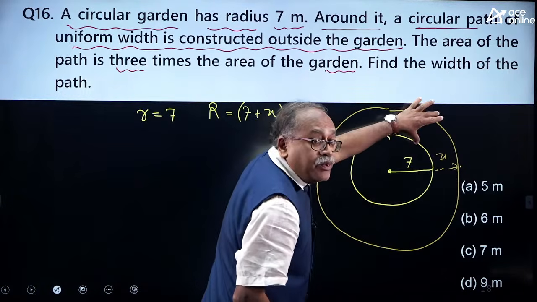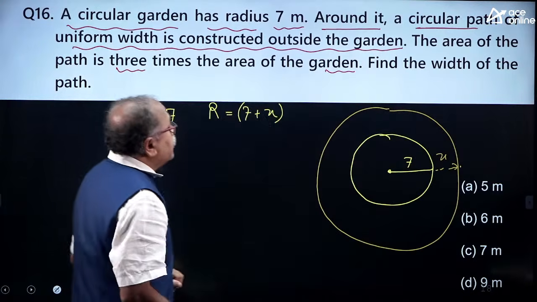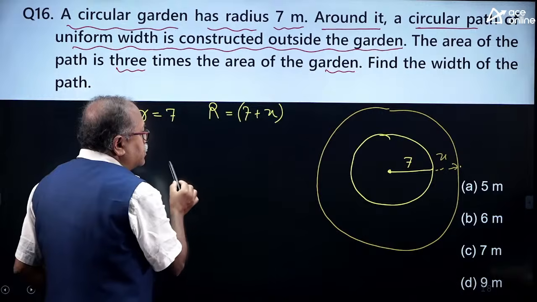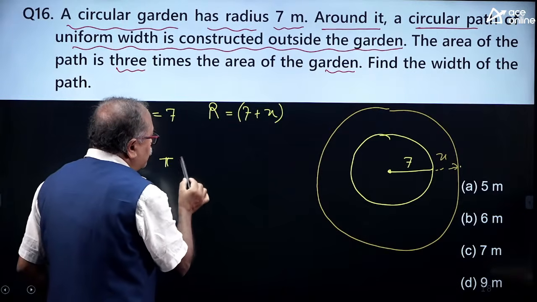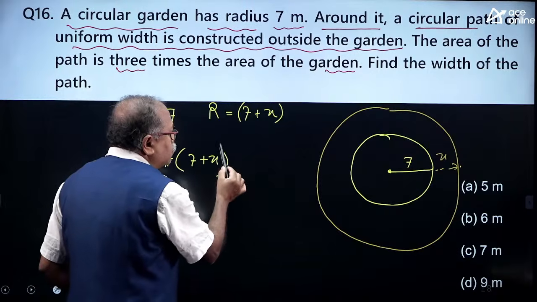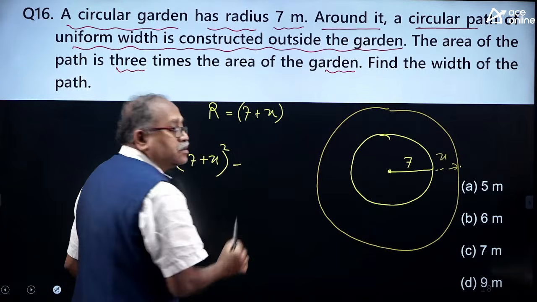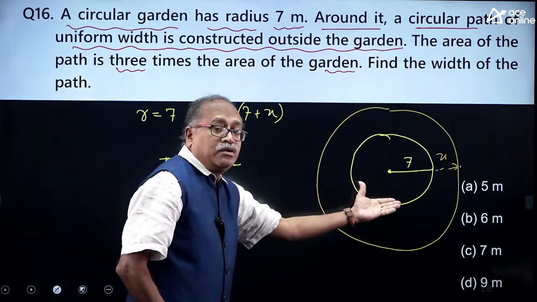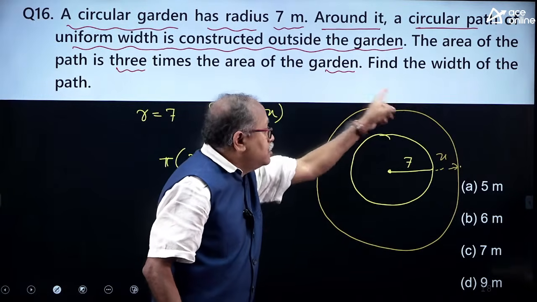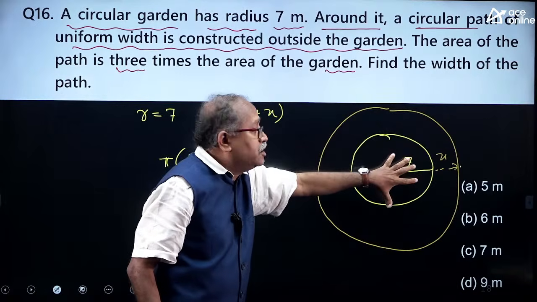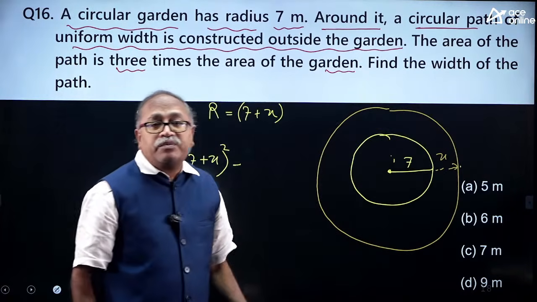The outer part minus the inner part. So, the outer area will be pi (7 plus x) square minus the inner area. Then I will be getting the total outer circle area minus inner circle area, which is the area of the path.